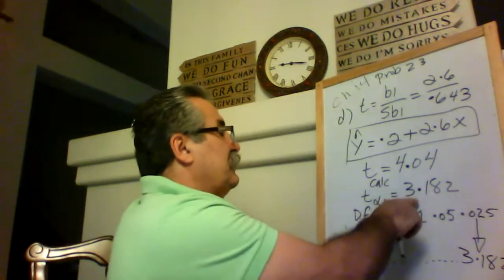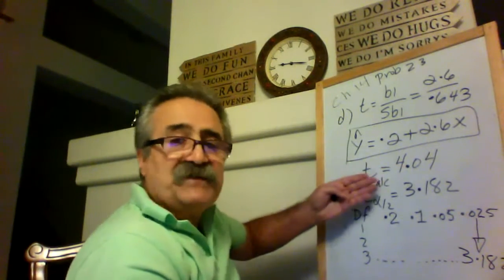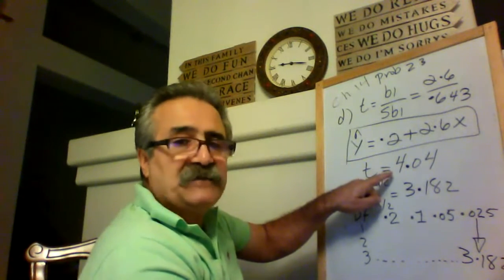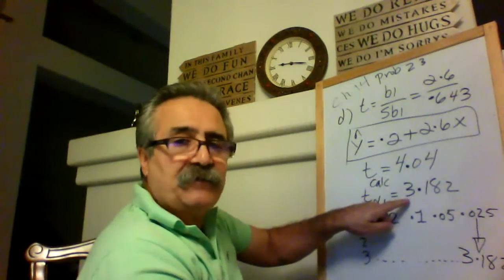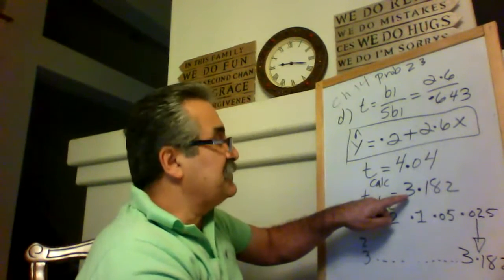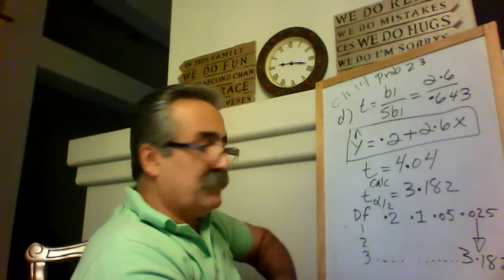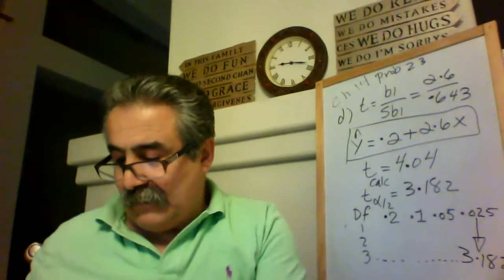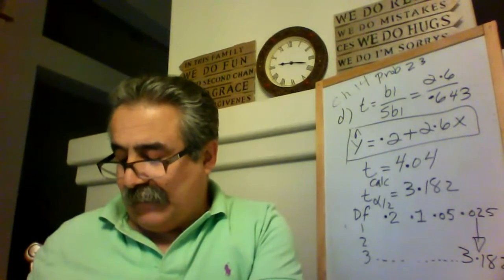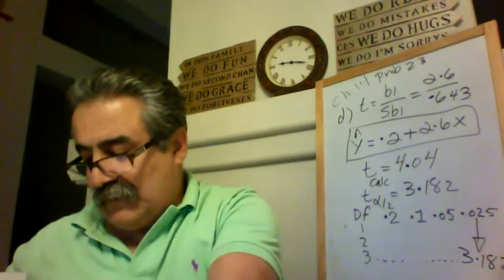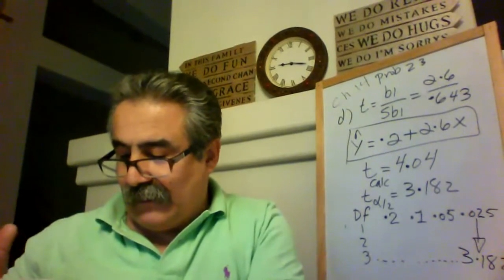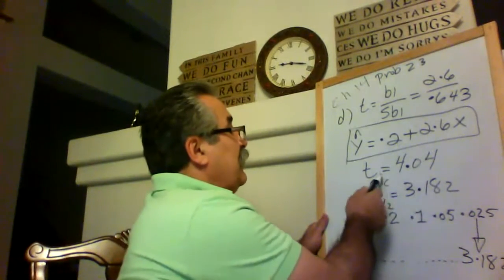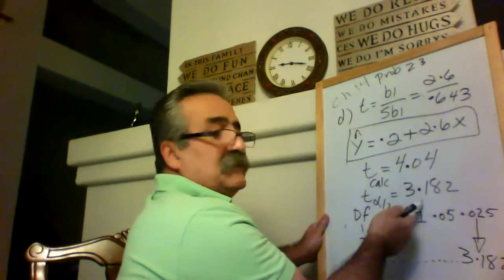Okay? So comparing to this, we said we reject the H0 if the T that we calculated for a positive value is greater than or equal to 3.182. Wait a minute, hold on. We said reject the H0 if our T is greater than this.